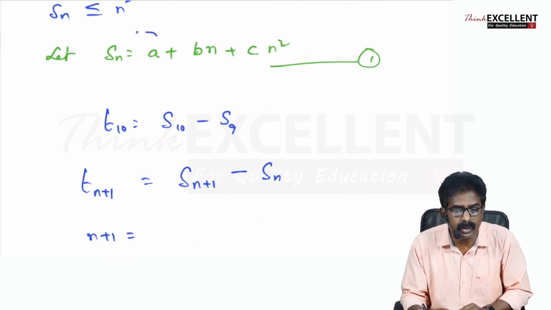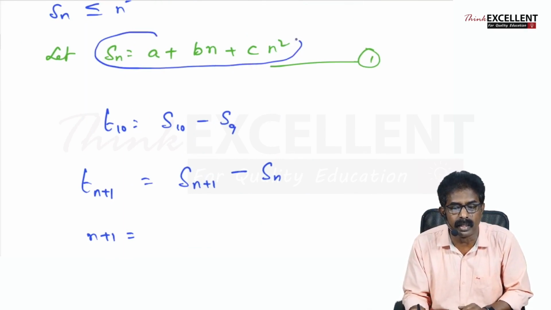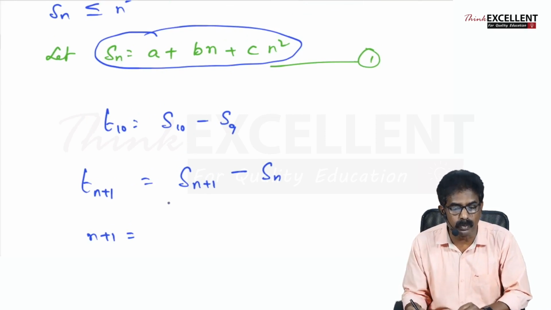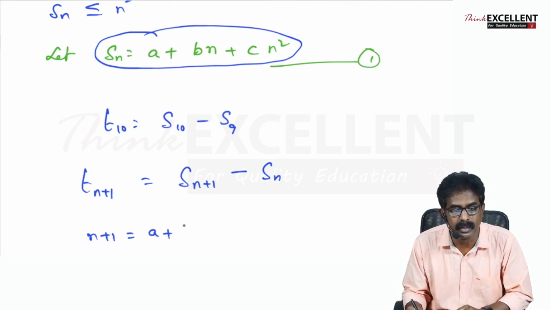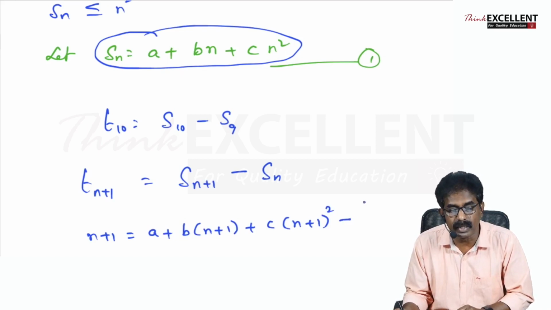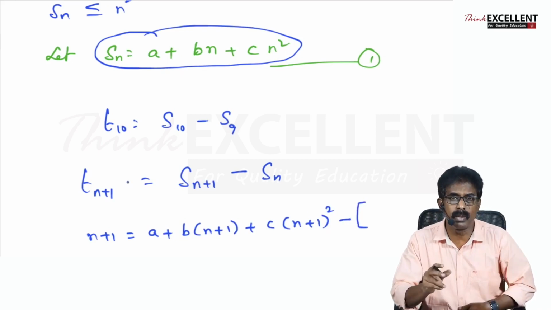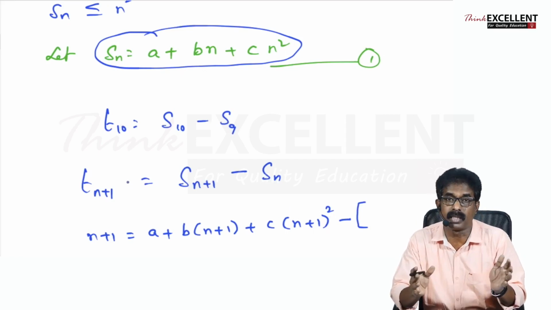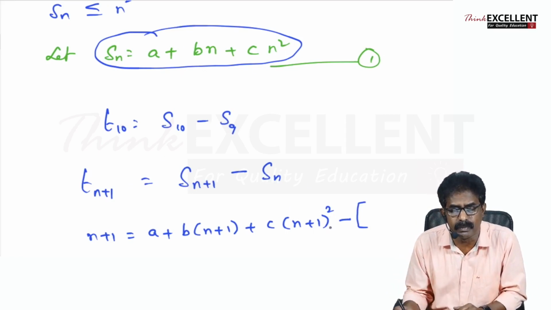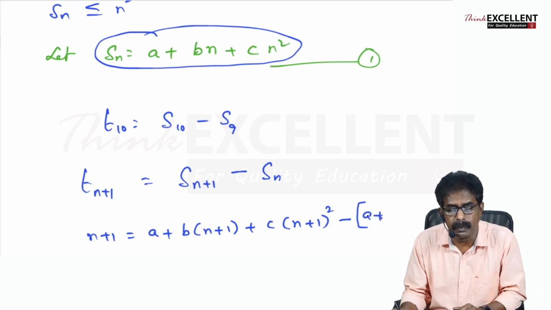So n plus 1 is equal to Sn plus 1 minus Sn. From here you find Sn plus 1. How can you find Sn plus 1? Wherever n comes, you put n plus 1. So what do you get? a plus b into n plus 1 plus c into n plus 1 the whole square, minus, when there is a minus, you put a bracket. If there is only one term, you just write it. Here there are 3 terms, right? So you put a bracket. Minus of Sn, just copy this Sn from equation number 1: a plus bn plus cn square.